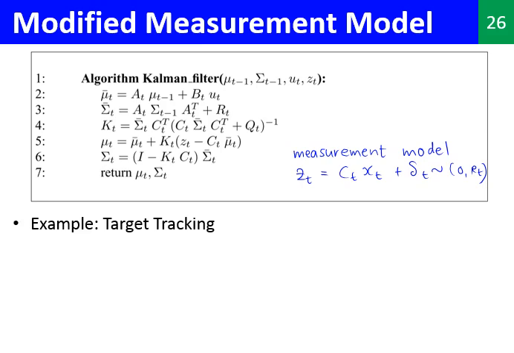Okay. Suppose sensor 1 tells us both X and Y locations of the target. So sensor 1 gives us both locations, and here we have our state.